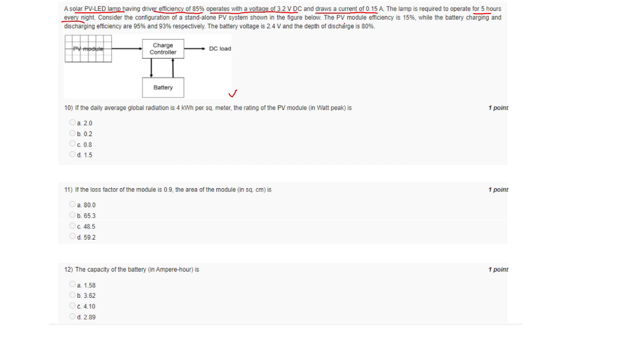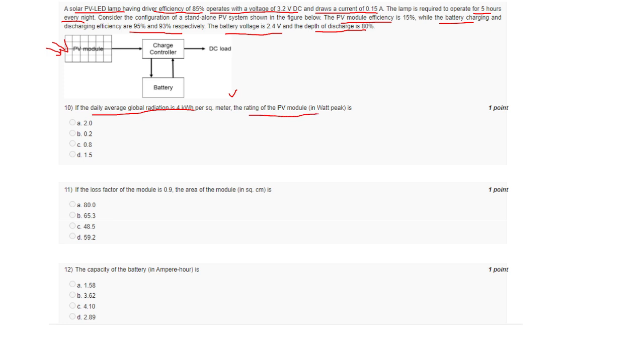The PV module efficiency is 15%, while the battery charging and discharging efficiency is 95 and 93% respectively. The battery voltage is 2.4 volt and depth of discharge is 80%. The daily average global radiation is 4 kilowatt per meter square.